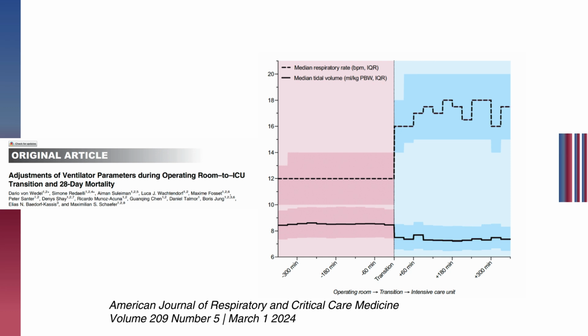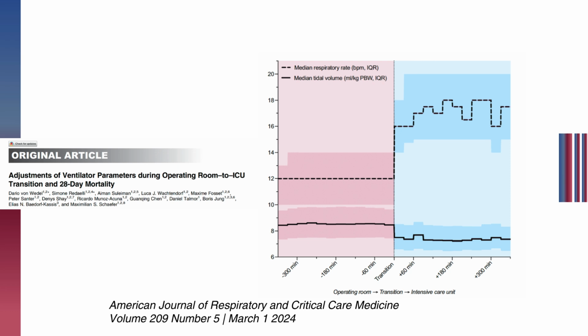The dotted line is the median respiratory rate. And then, like we all do in ICU, we're very, very focused on lung-protective ventilation. So we then decrease the tidal volume, and you can see that often patients are ventilated in theater with tidal volumes of greater than 8 ml per kg. And in ICU, we're very focused on making sure that patients are ventilated with lung protective strategies.